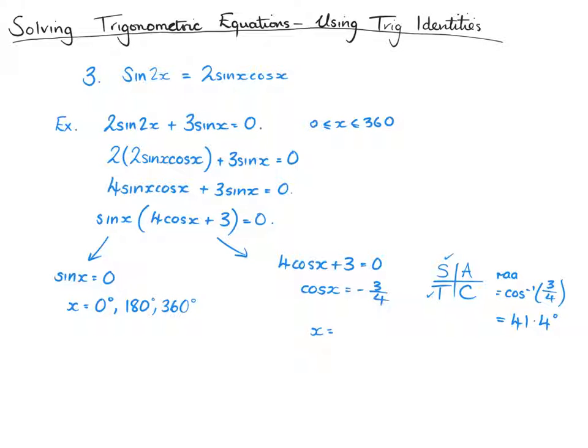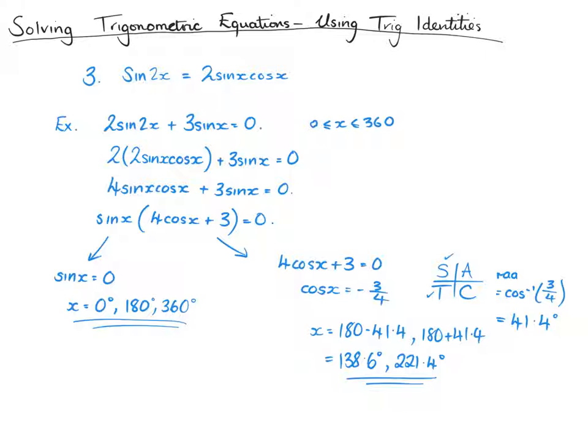So therefore x is 180, take away 41.4 and 180 plus 41.4, which gives us 138.6 degrees and also 221.4 degrees. So for this answer we get 5 solutions.